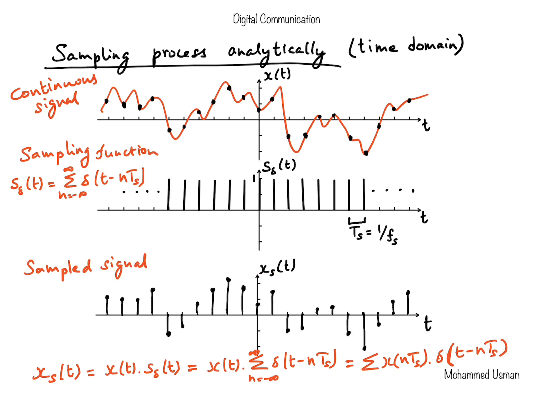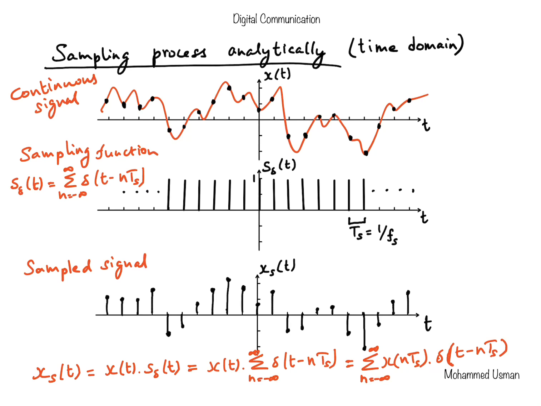So that gives us our sample function. So analytically, we can represent the sample signal as the product of the actual signal and the sampling function. So again, n ranges here from minus infinity to plus infinity.